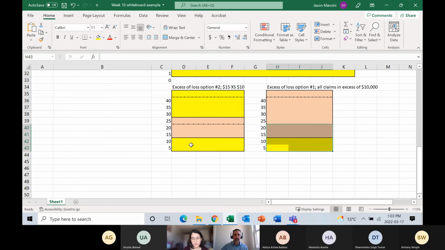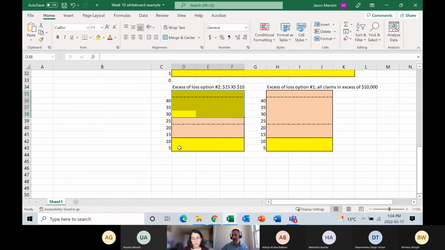This one here, the yellow is the company's retention, and this peach color, or salmon, is how much is reinsured. All right, so excess of loss option 2 says 15,000 in excess of 10 is reinsured. Anything over that 15 in this simple scenario, there is no reinsurance. So the company can't have any ceded recovery of claims once it gets into this yellow area again.